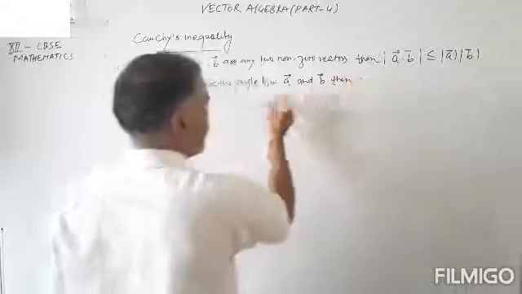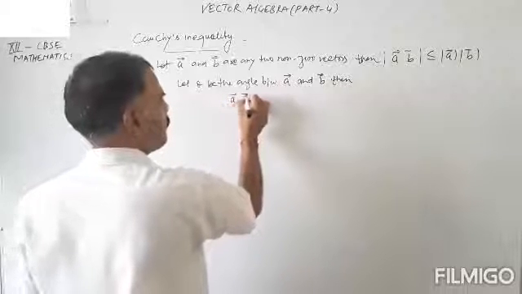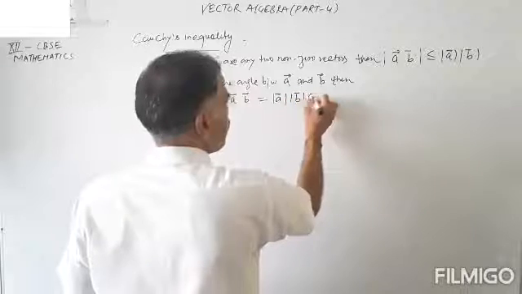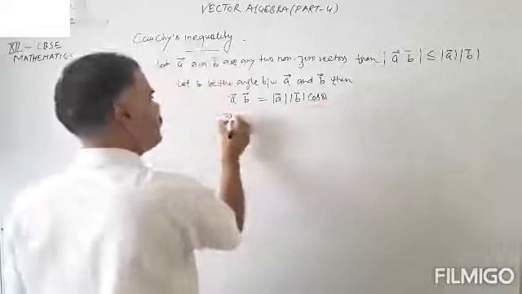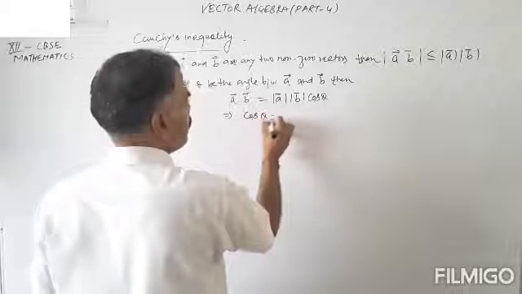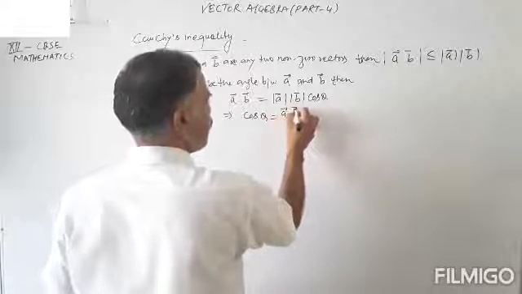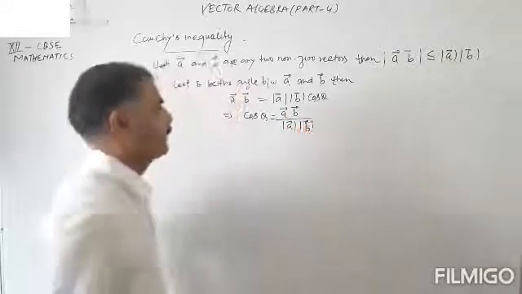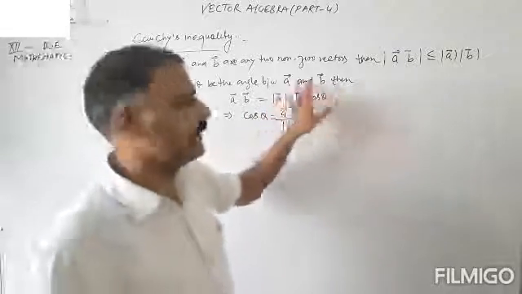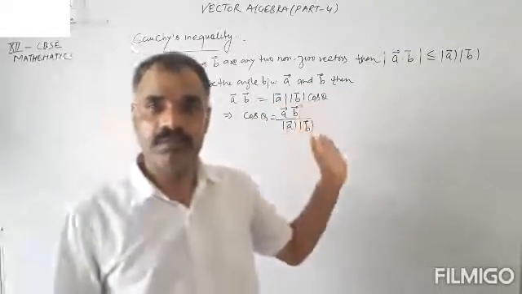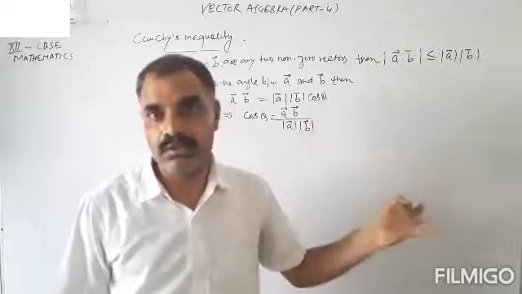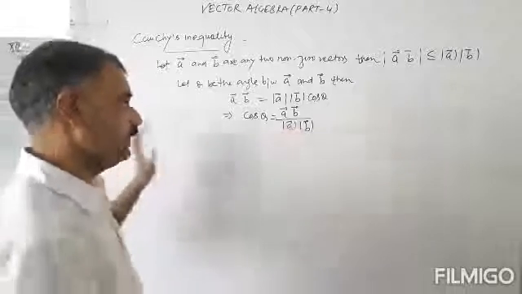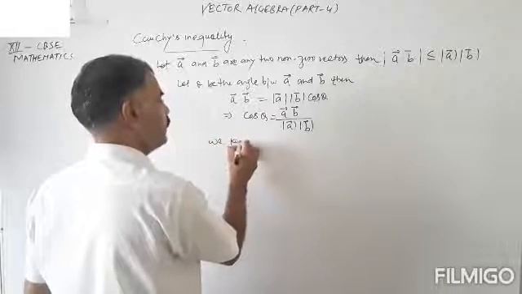Then A vector dot B vector is equal to magnitude of A vector times magnitude of B vector times cos of theta, and from this we can write cos theta is equal to A vector dot B vector divided by magnitude of A vector times magnitude of B vector. This gives the angle between two non-zero vectors.